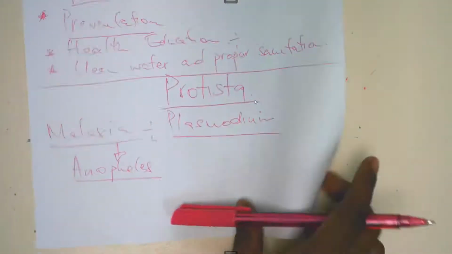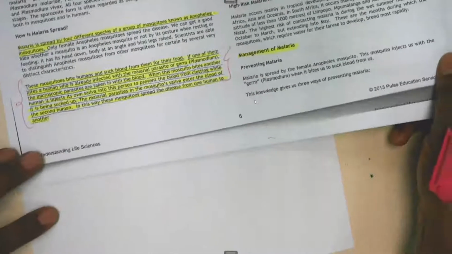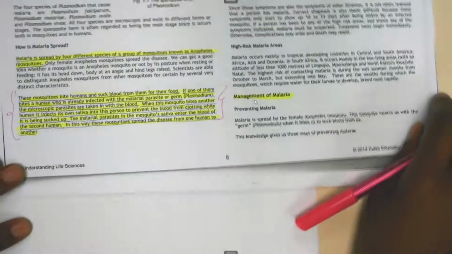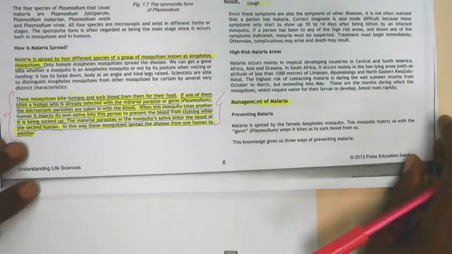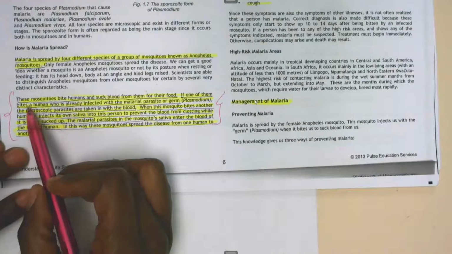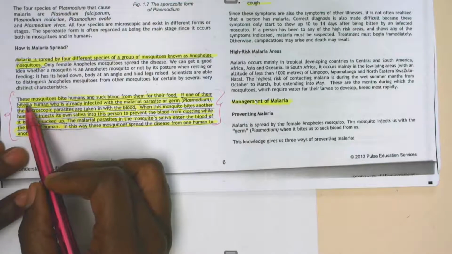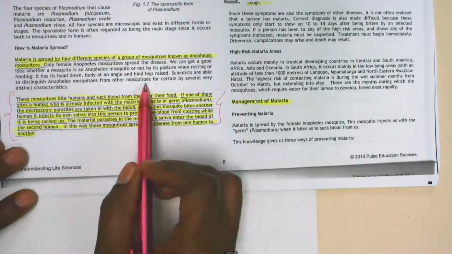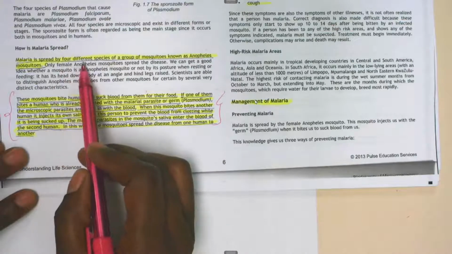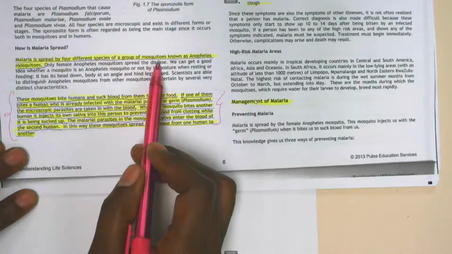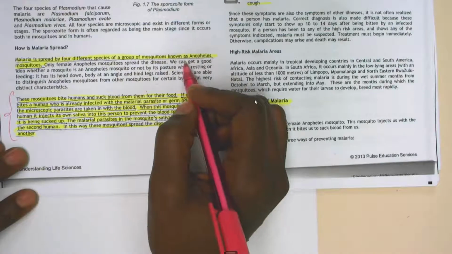So normally this is what happens during an infection. I'm just going to show you this paragraph from this document. So this is what will happen. These mosquitoes, as I have said, it is spread by 4 different species or a group of mosquitoes which are known as Anopheles.